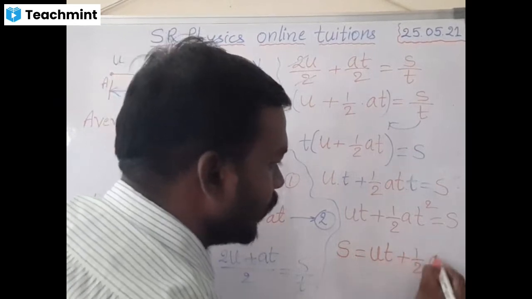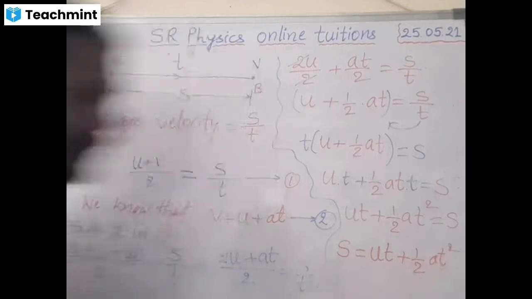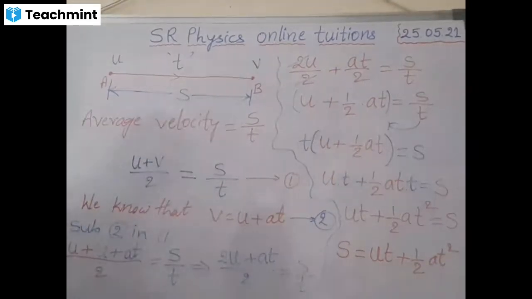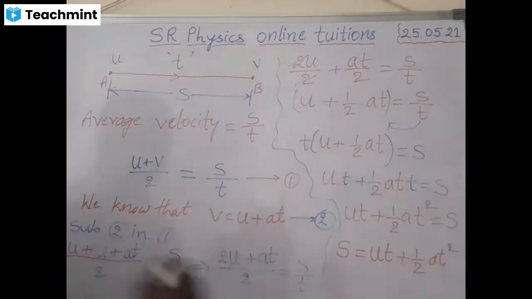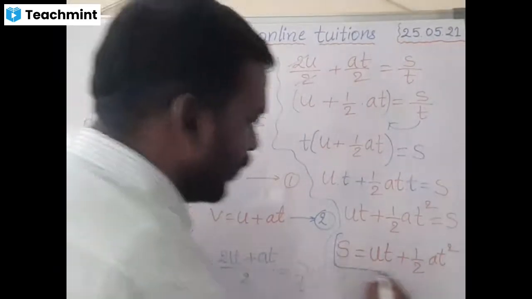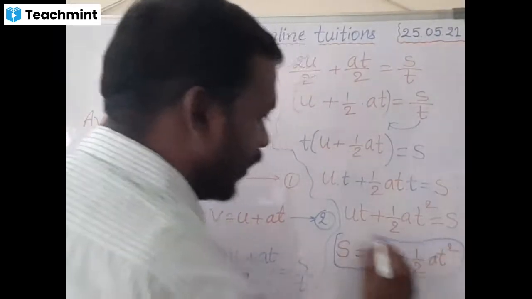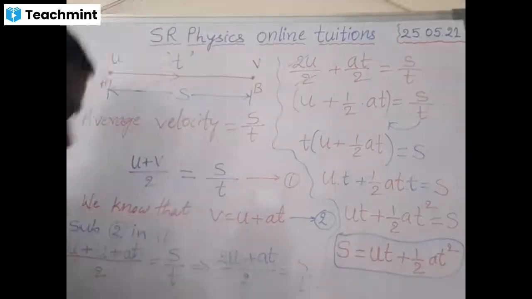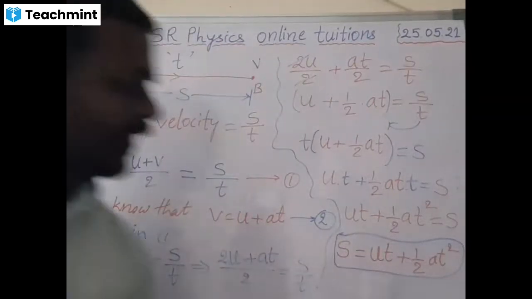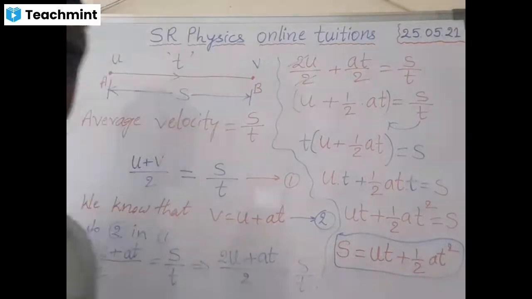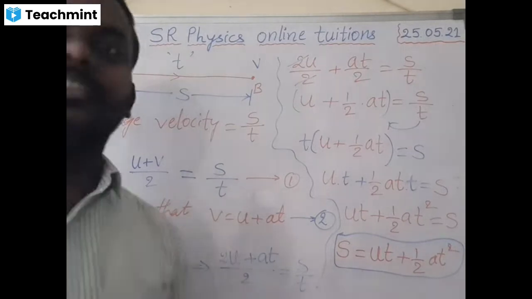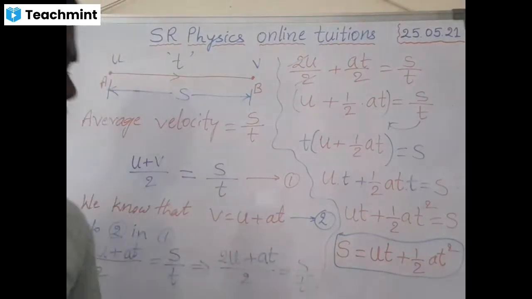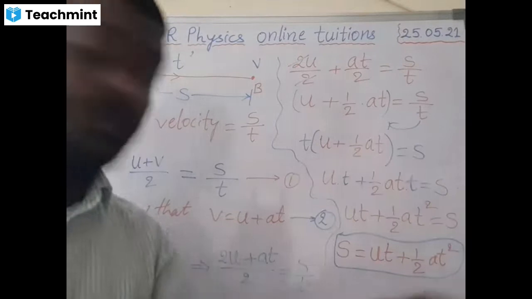This is the second equation of motion, which is going to give us the information about the displacement, initial velocity, time, and acceleration. In this, is the final velocity value there? V is not there. We have eliminated that V. After eliminating V, we get displacement in terms of initial velocity, time, and acceleration.